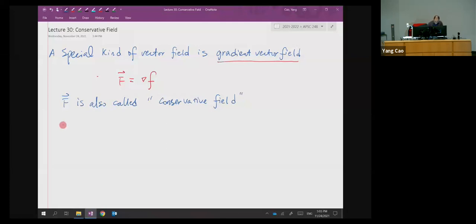The next question we're going to look at: just bear this in mind, what is so special about this conservative field?